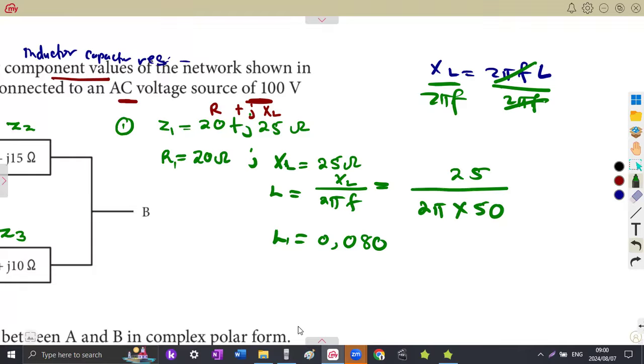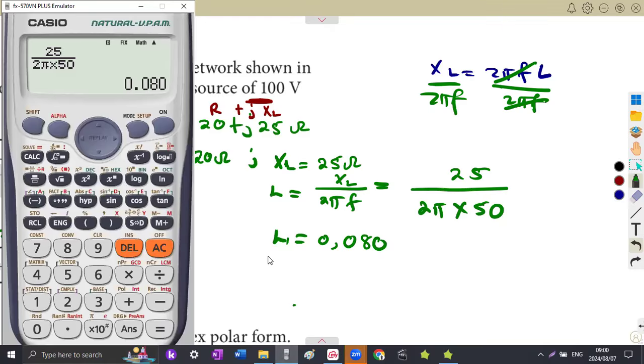Do not worry about the zero there. Whatever we are obtaining there is a direct value.